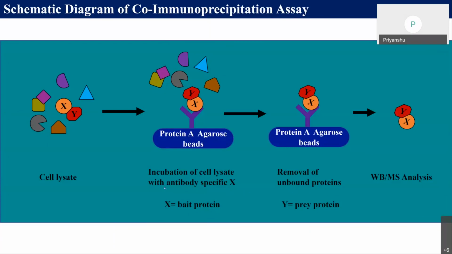After incubation, we remove all unbound proteins from the solution, and we get the XY complex. Then we analyze it through Western blot or mass spectrometry. If you know the Y protein, then you can use Western blot. But if these prey proteins are completely unknown, then you can go for mass spectrometry analysis.